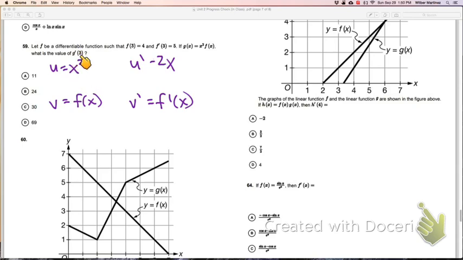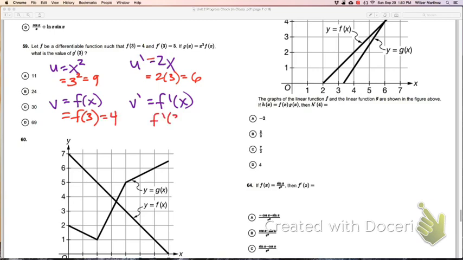If I plug in 3 here, I get 2 times 3, which is 6. If I plug in 3 here, I get f of 3, and they tell me in the directions that f of 3 is 4. And if I plug in 3 here, f prime of 3, they tell me in the directions that f prime of 3 is equal to 5.